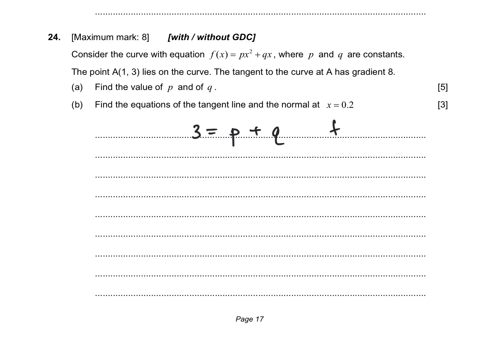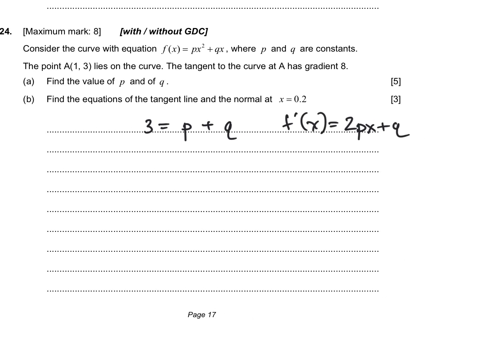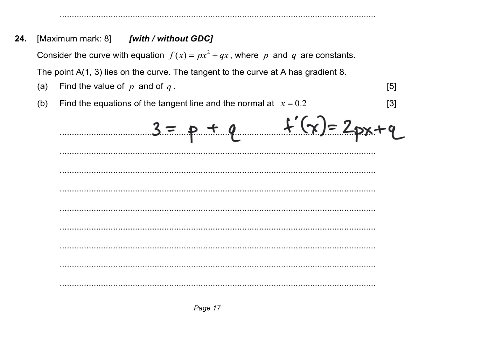Now we can find the derivative, which is 2px plus q, and the tangent at A, so the tangent at x equals 1, is going to be equal to 8.